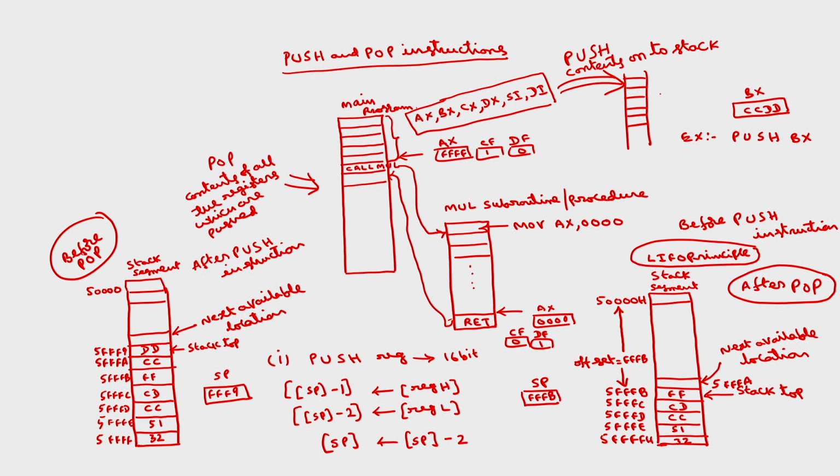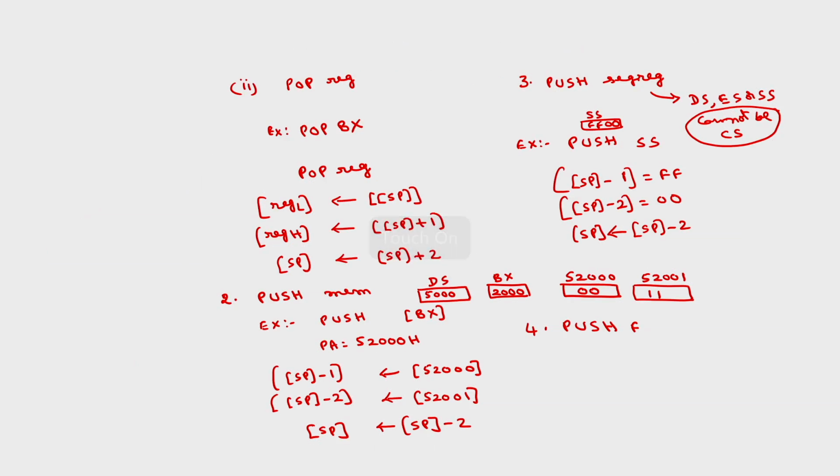This old contents will be lost and new contents will be present in the various flags. That is why, before you are going for the subroutine, you have to save the contents of all the flag registers through this instruction push F. Similarly, here we have lower order flag register, higher order flag register.